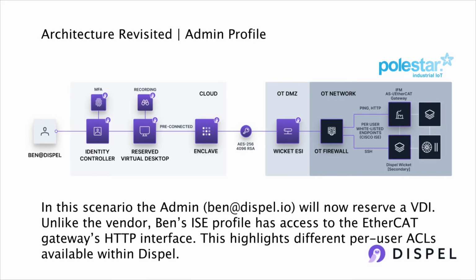To revisit our original architecture for a moment, we are now going to see our admin reserve a virtual desktop, and then use that VDI to access internal resources. Unlike the vendor, however, the admin's user profile will be allowed to access the EtherCAT's web portal. This highlights the different per-user ACLs available within Dispel.